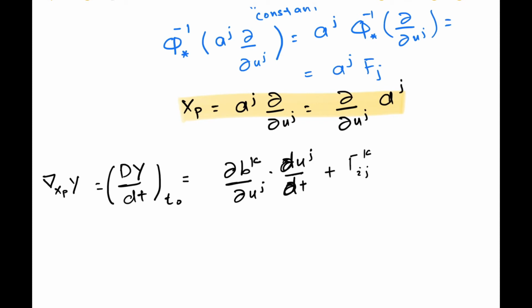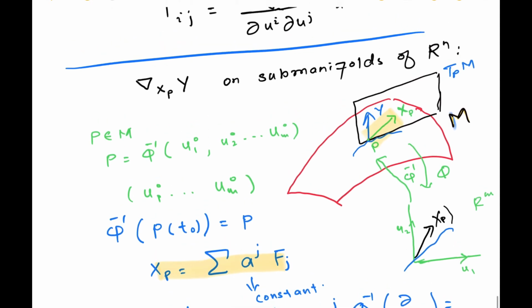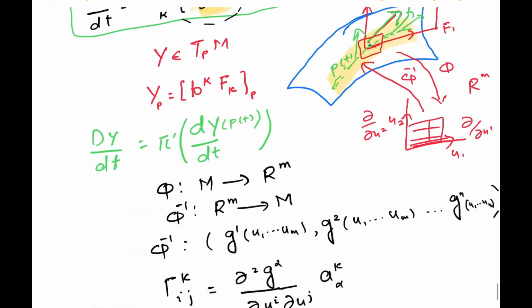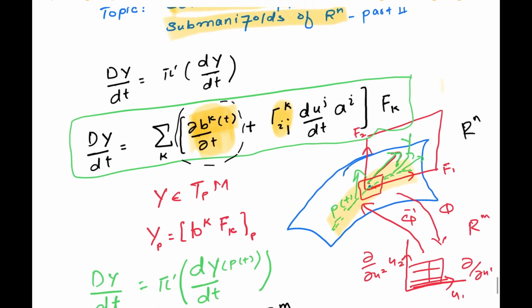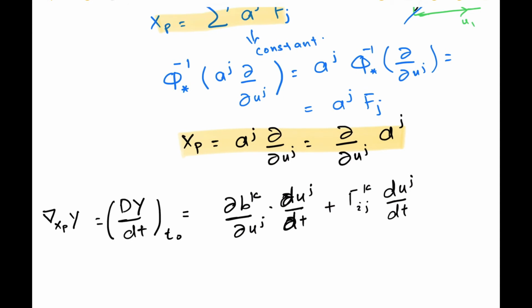So gamma kij and duj by dt, and then we have aj over here, ai, and then there is fk.